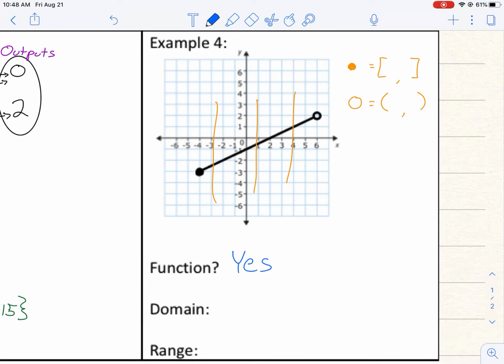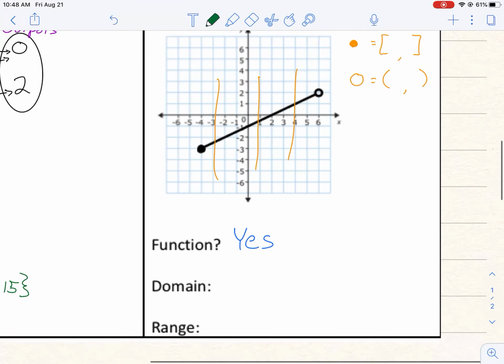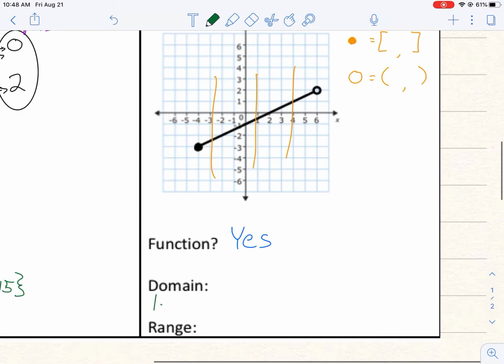We say yes there. Now, for determining domain and range, it's not that you're going to list all of your values. Think of it as if you were to represent one of those inequalities. So you use the parentheses and you say what's your farthest left point to your farthest right point. So for my domain, I'm going left to right because it's all my x values.